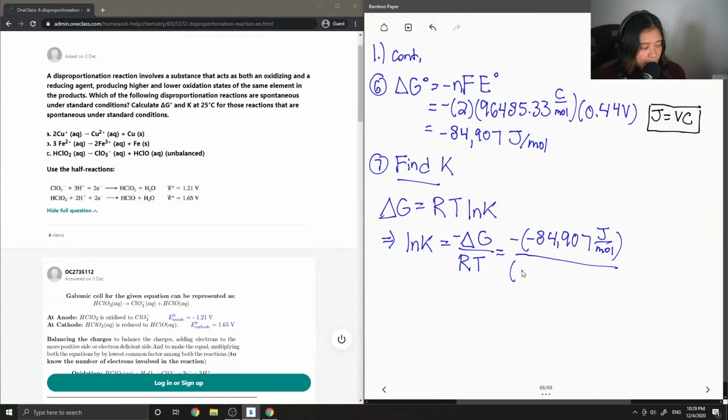And for our R, it is 8.314 joules over moles times Kelvin. So this is usually given in the question. And the temperature is 25 degrees Celsius, but we want it in Kelvin. So it is 298 Kelvin.